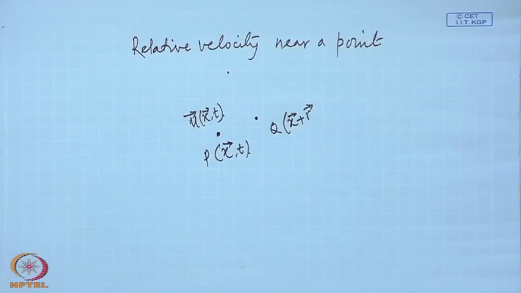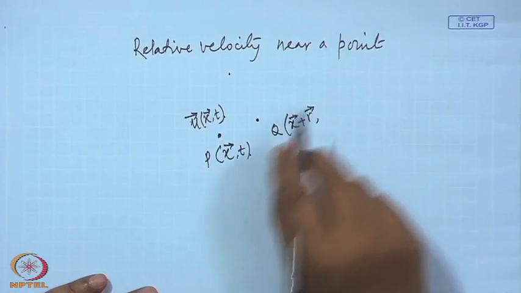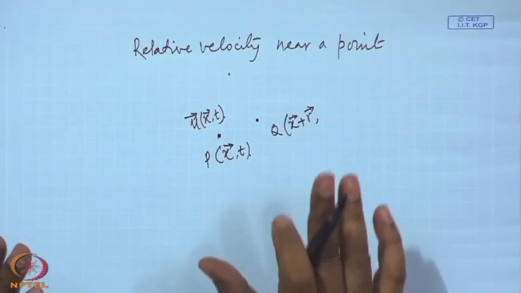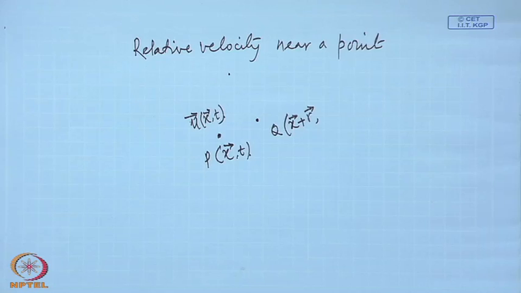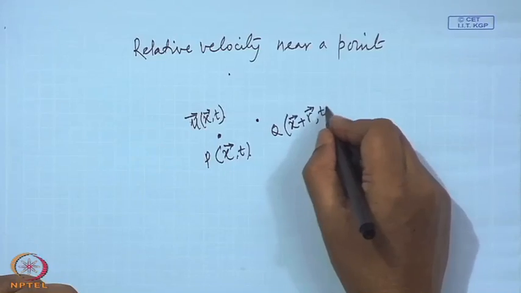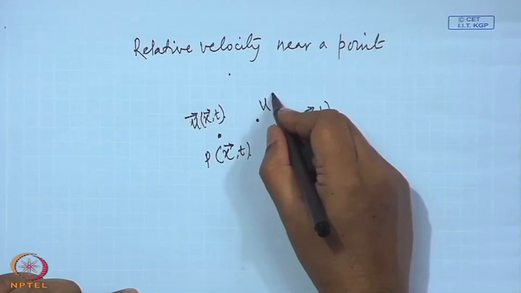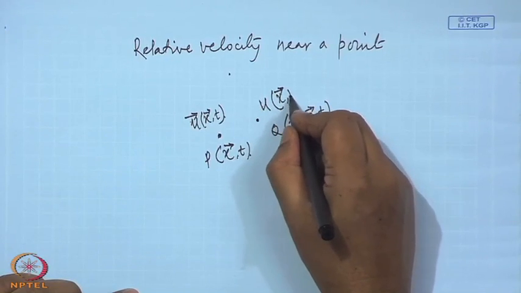Instead of writing any delta x, we are writing r. The distance between the 2 points is r, which is of course very small. And again at the same time only, that is the relative velocity at the same instant, simultaneous relative velocity. We are not finding the difference in velocity at two different instants. At one point of time, we are seeing what is the difference between the velocity at two neighboring points. And again the velocity will be a function of position and time.